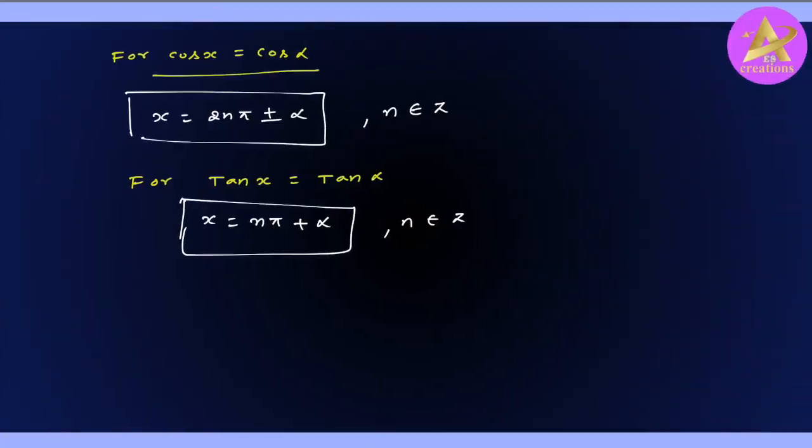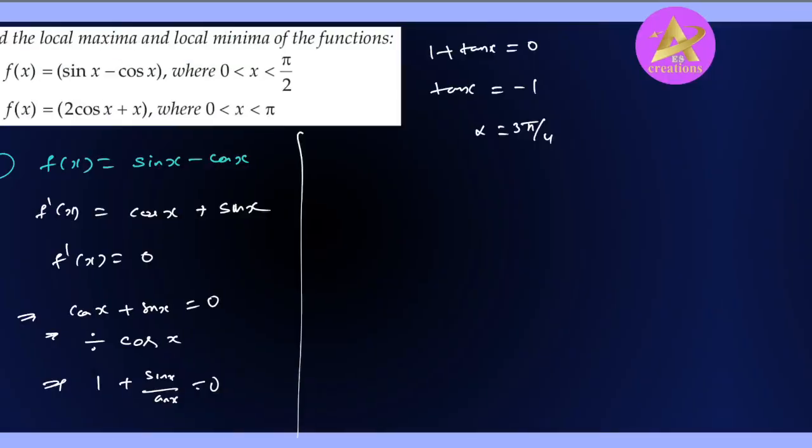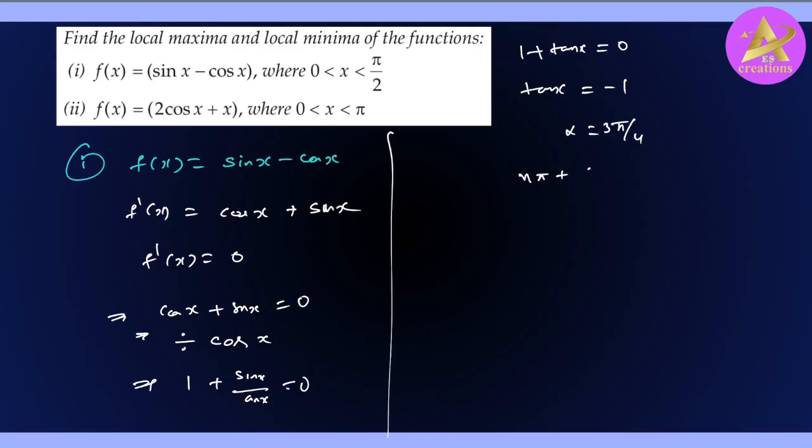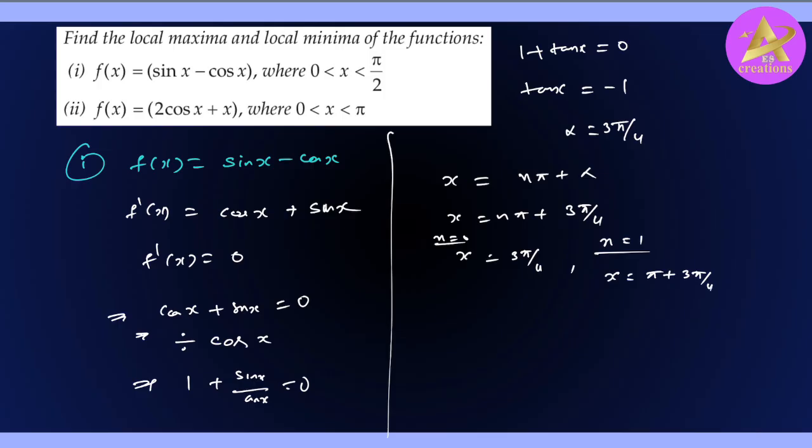And the general solution I gave, right? We have to take x equal to n pi plus alpha, where alpha is 3 pi by 4. If you take n equal to 0, we get 3 pi by 4, and n equal to 1, we get x equal to pi plus 3 pi by 4, that is 7 pi by 4.